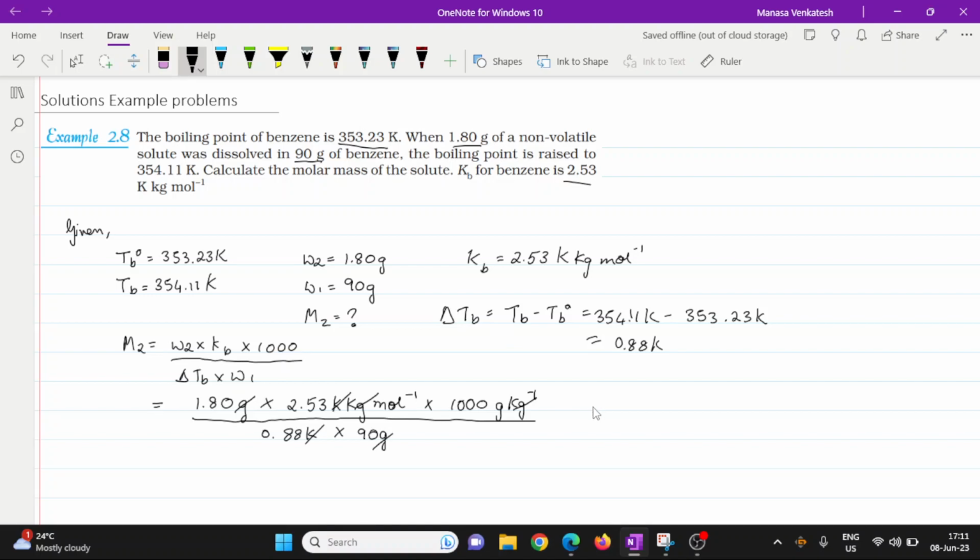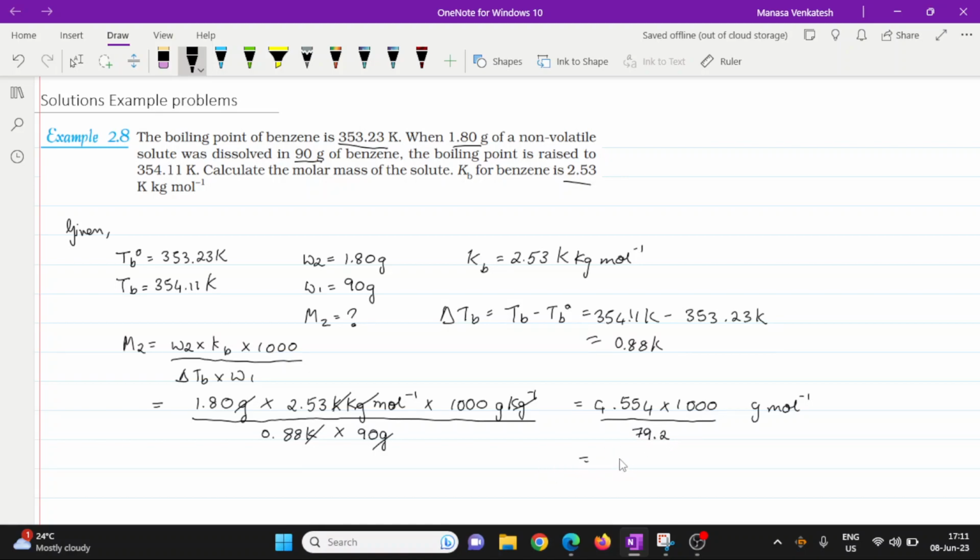So we start with simplifying these things. When you multiply these two values, we get 4.554 into 1000 grams per mole, divided by, when you multiply these two values, you get 79.2.